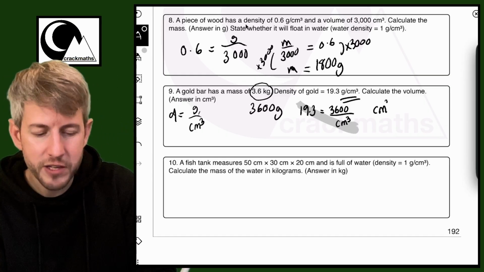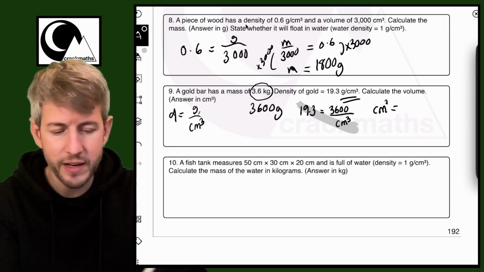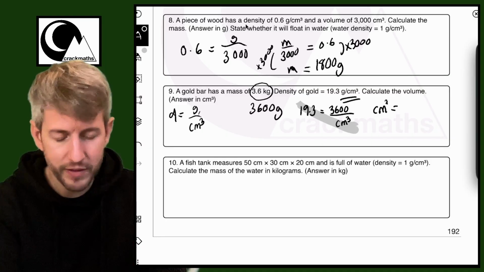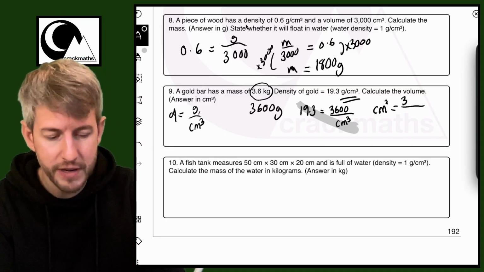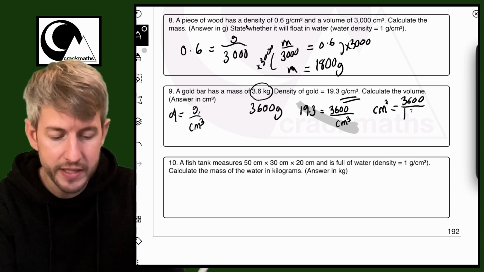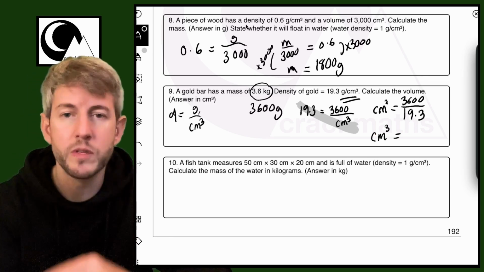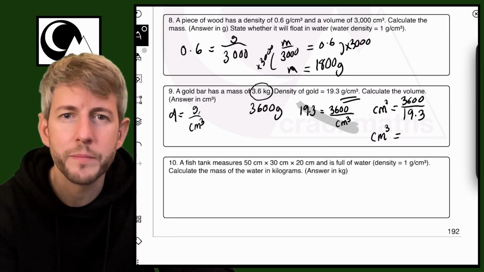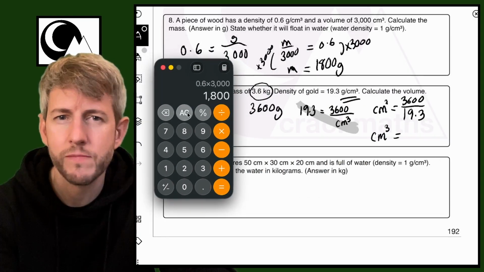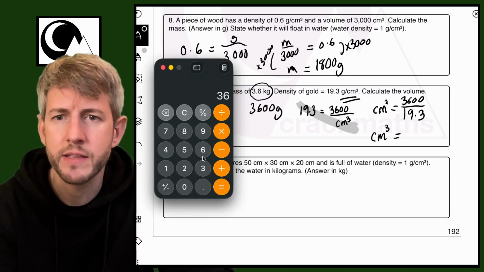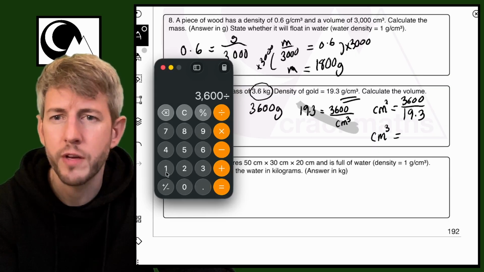So the centimetres cubed, or we should say the volume, is equal to 3,600 divided by 19.3.